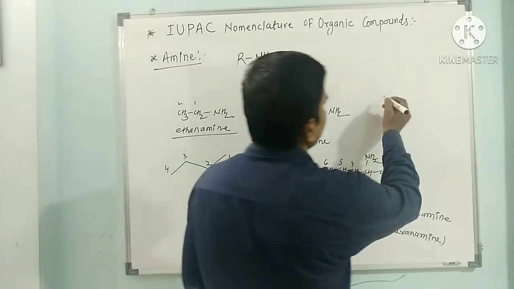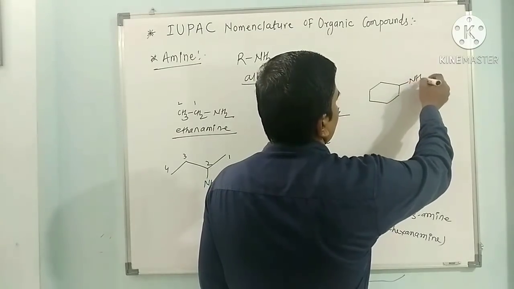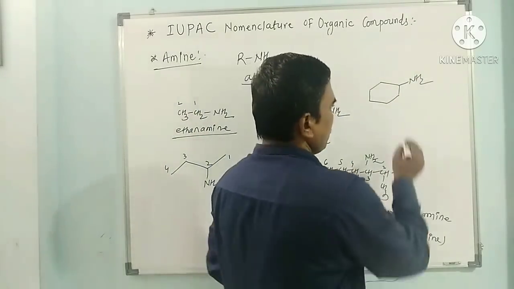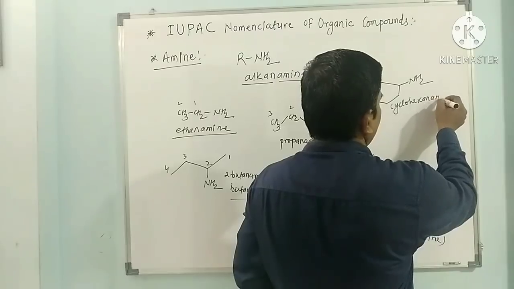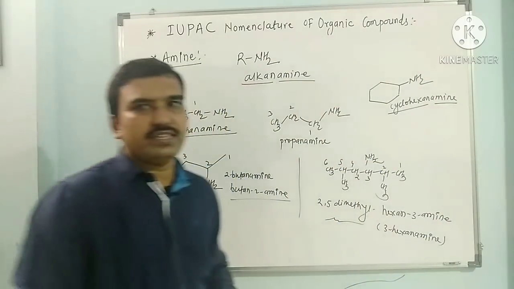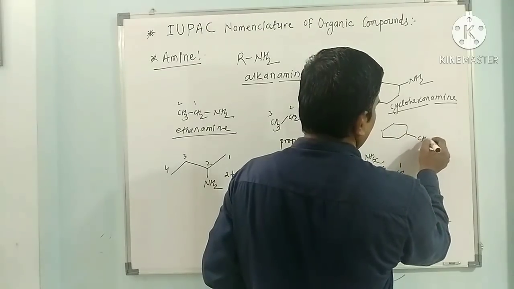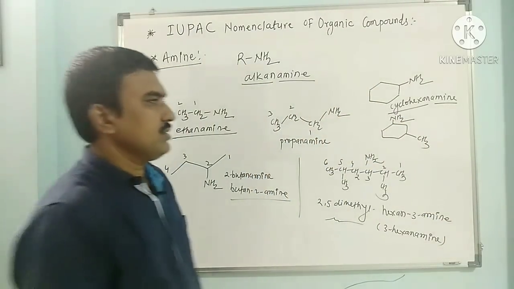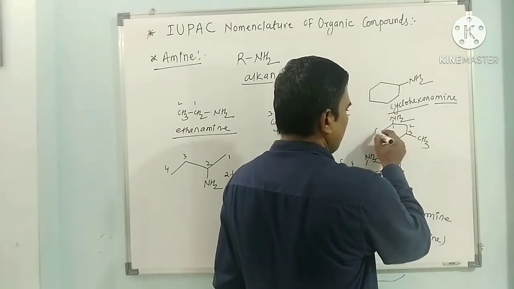If we have a cyclic system, this is cyclohexanamine, a cyclohexyl group attached to an NH2 group. If this cyclohexanamine has a methyl group here, the carbon having NH2 gets number 1, then 2, 3, 4, 5 and 6.